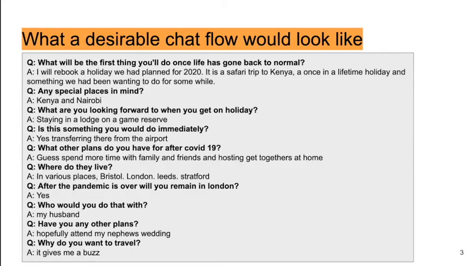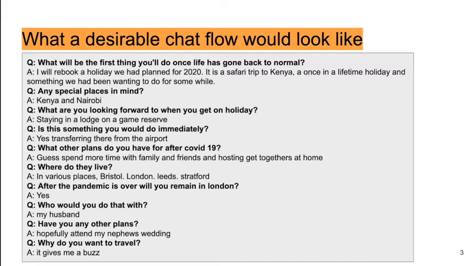Now, for us, the question was how can we do this? We started by mapping out what a desirable chat flow would look like. Here's a brief example of what we would hope to achieve in an automated system. There will be a question, and here we use the context of intentions. Because we couldn't really work with people's activities due to the lockdown measures that were in place, we created a scenario.